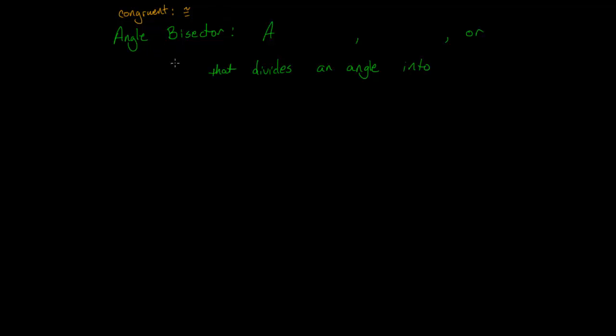So, an angle bisector. We already know what a bisector should be, so let's look at it. For an angle, it is a line, ray, or segment that divides an angle into two congruent angles.